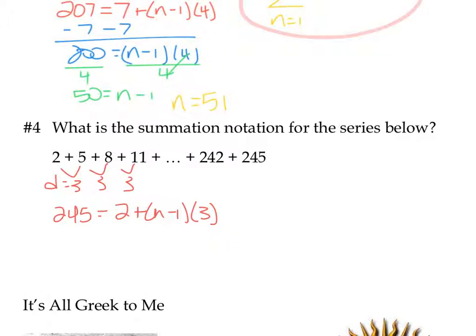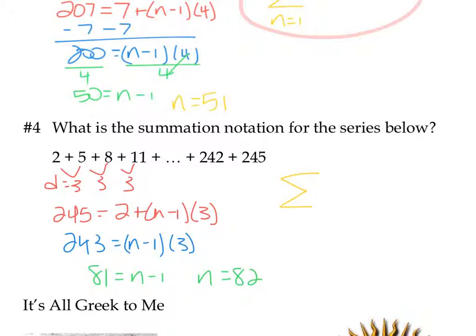We're going to subtract 2 on both sides, so I get 243 equals n minus 1 times 3. Then I divide by 3 on both sides. 243 divided by 3 is 81, equals n minus 1. When I add 1 to both sides, n equals 82. And so now I can use summation notation.